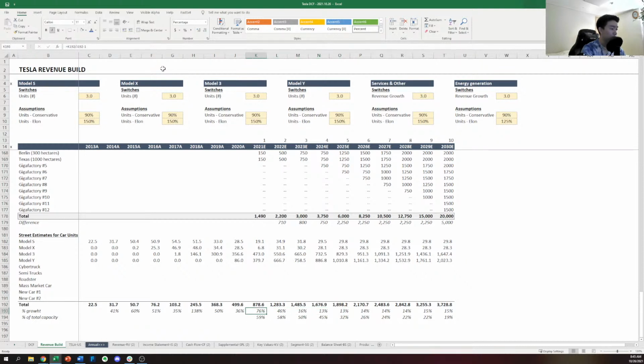So we're going to have to do a little backtracking again to get to our Elon case. We want to get this to 20 million, right? And there needs to be some kind of exponential ramp based on your total capacity.